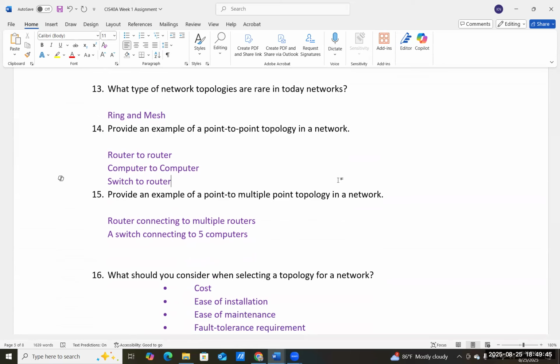But in a regular network, you might have one router connected to multiple routers, one router connected to multiple switches. A switch connecting to many computers. Like we talked about the 28 ports and the 24 ports and the 48 ports. You might have one switch connecting to 48 computers. So that's another example.